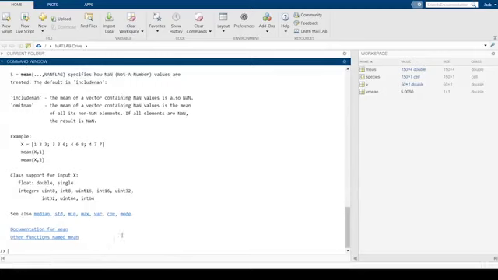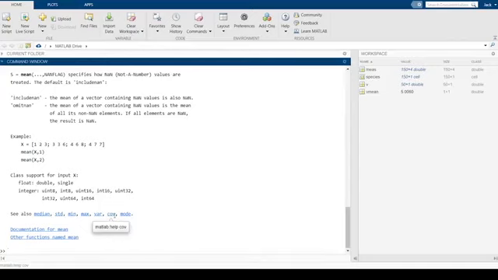In the See Also section for mean, we see functions median, std, which stands for standard deviation, min and max, which stand for the minimum and maximum value of a vector, and mode, which stands for the mode of the vector. We also see var, which would return the variance, and cov is the covariance, which is a metric of variance for multidimensional features. So that function does not apply for our vector V.